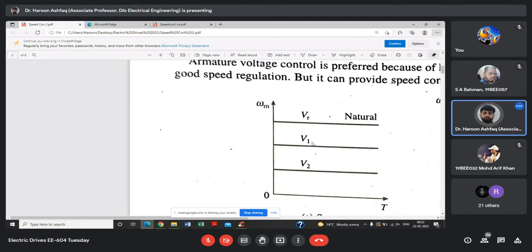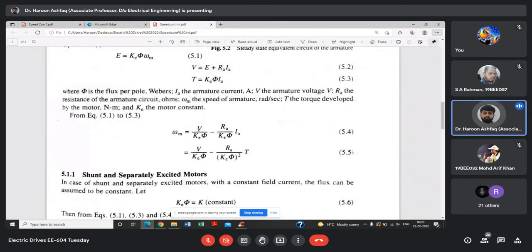The basic, the fundamental conditions are that the first thing is that voltage can always be reduced, it cannot be increased, and the second thing is that as you see from the equation, the relationship between speed and torque. So what you find is that only the intercept of y-axis changes and the slope remains same.